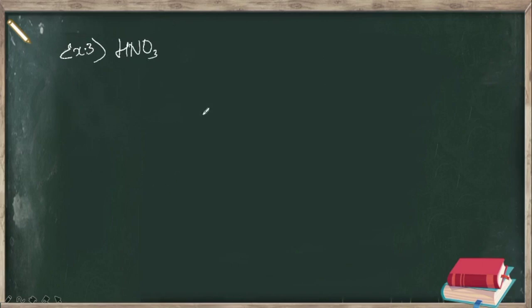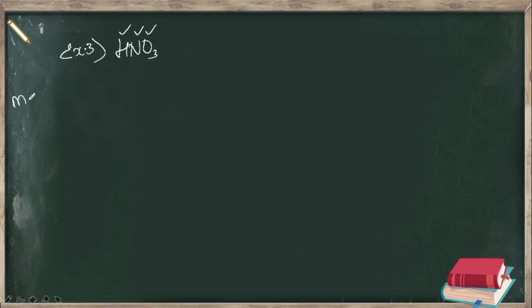Now how many times will you use the formula? That is 3. Why? Because this HNO3 is made up of how many elements? 3 elements: hydrogen, nitrogen, oxygen. But since the screen is not sufficient, I will write as much as possible.